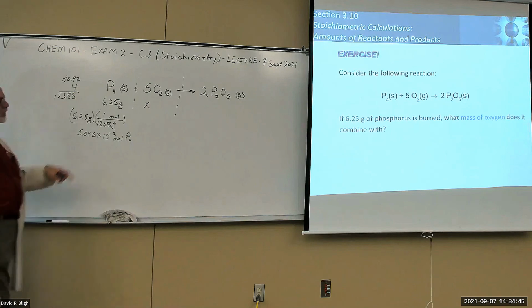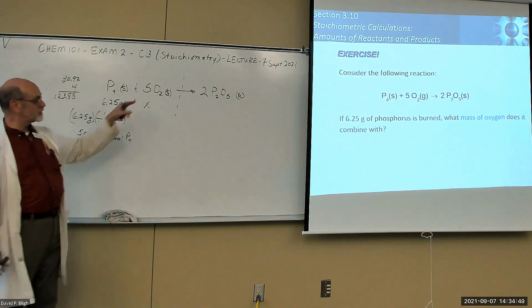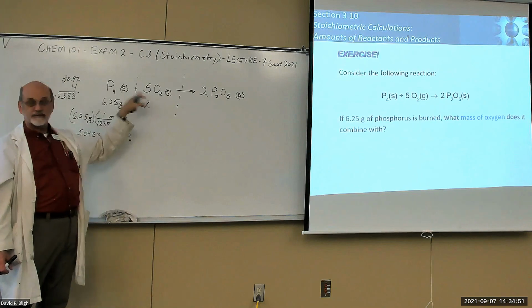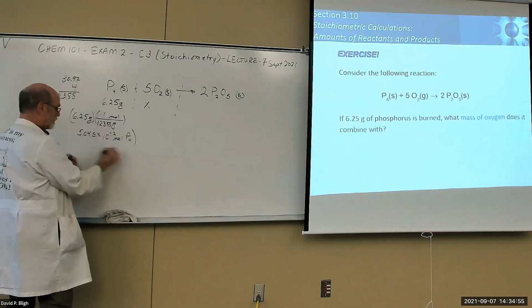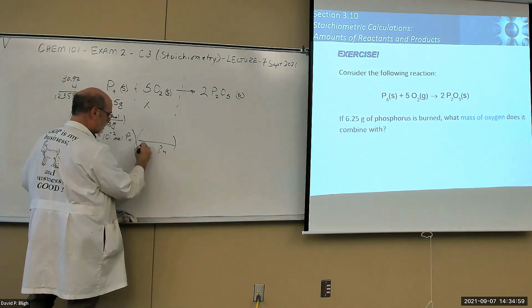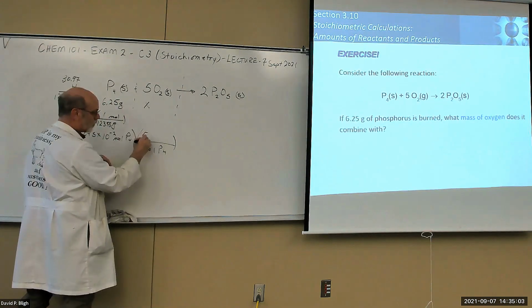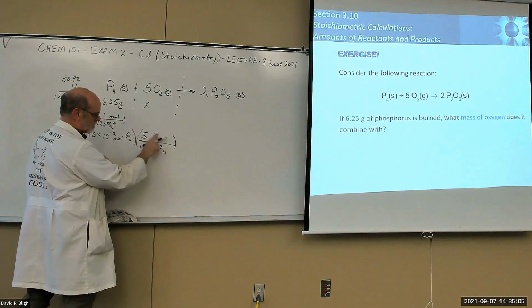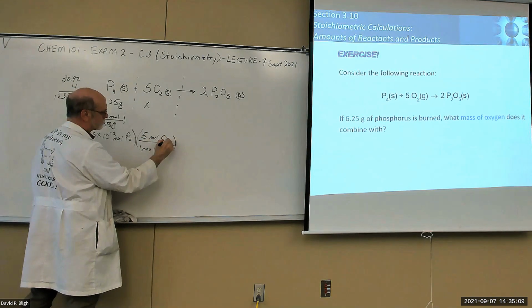So how many moles of oxygen is it going to take? Well, the ratio is for every one of these takes 5 of those. And this is the moles of P4. 1 mole of P4 is related to oxygen by the coefficient. There you go.